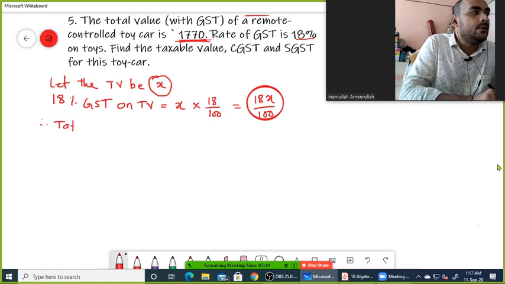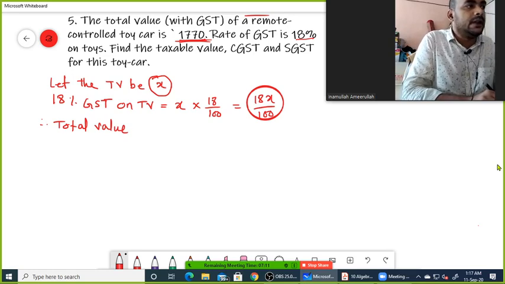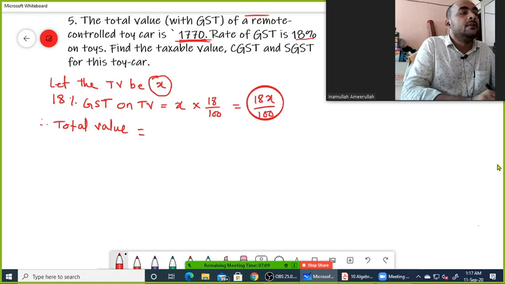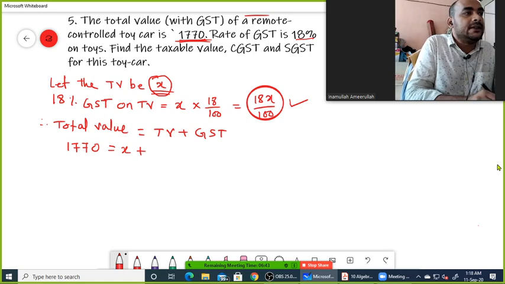So total value of the car should be the same as taxable value plus GST. So total value is 1770, which is already given in our question, and taxable value of the toy is X according to our assumption, plus GST is 18x upon 100.